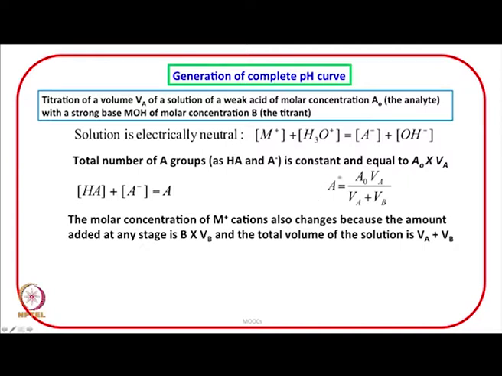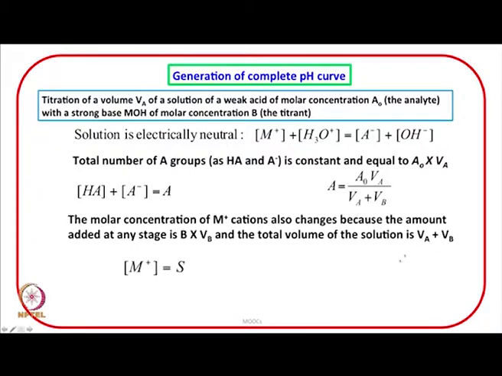If the concentration of the acid changes, the concentration of the M plus cations coming from the alkali, from the base, also changes. Exactly similar calculations can be done, and the amount added at any stage is B times VB, and the total volume of solution, as I just discussed, is VA plus VB.